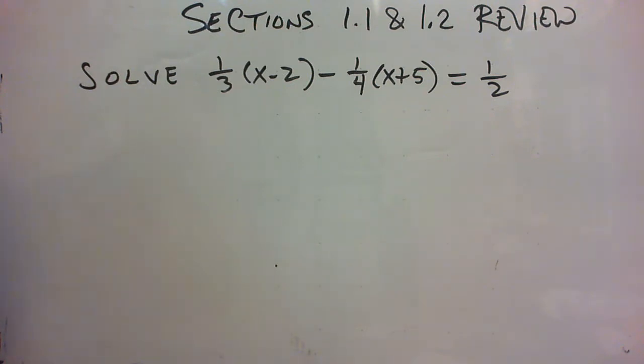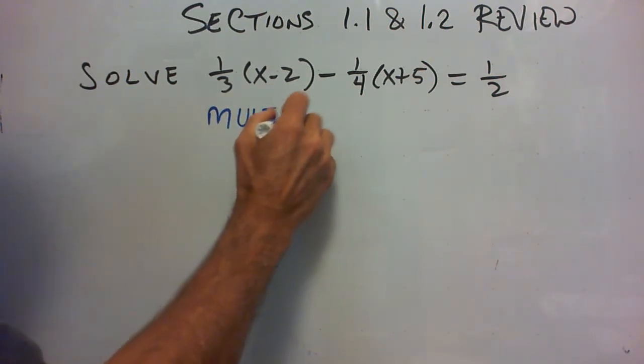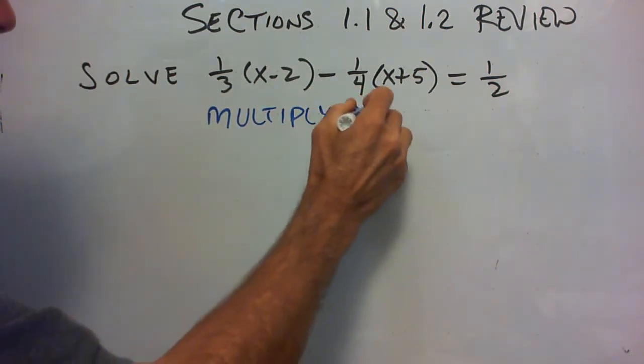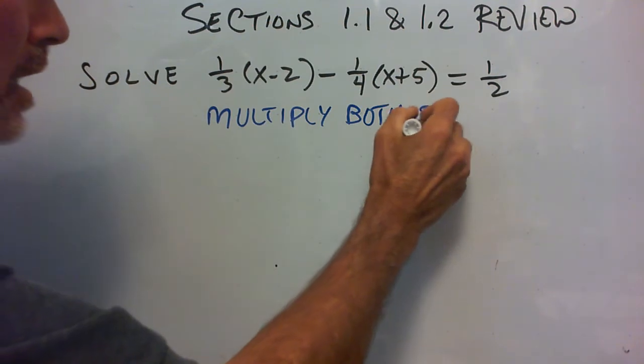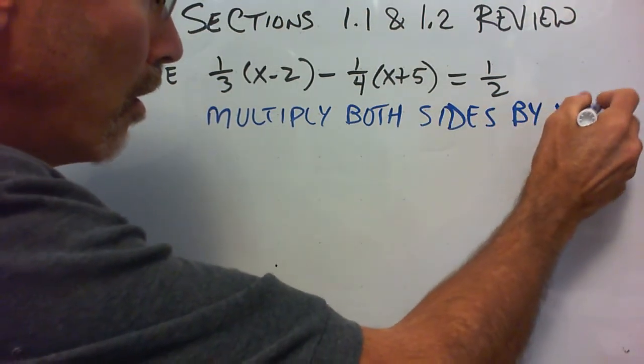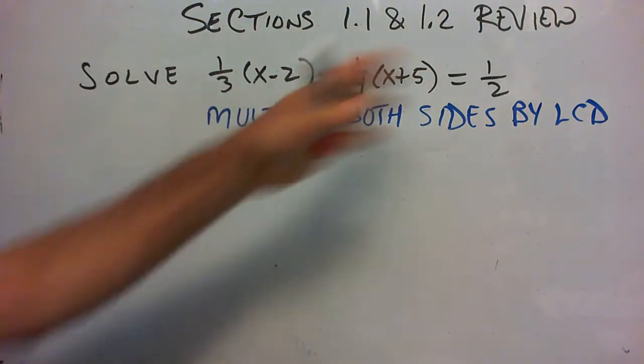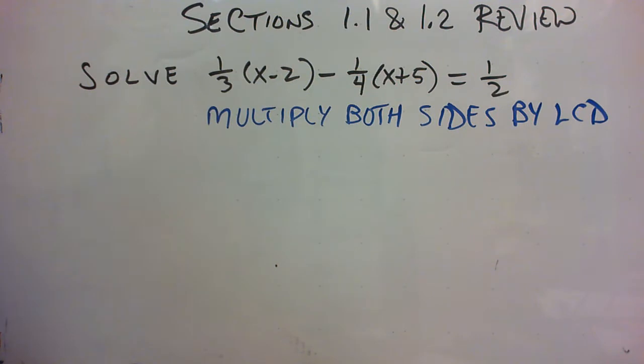The best way to solve this is to clear all those fractions, and you do that by multiplying both sides by the least common denominator. And by doing that, you'll get rid of all those fractions, and then you'll have a real nice simple equation to solve. So try that.